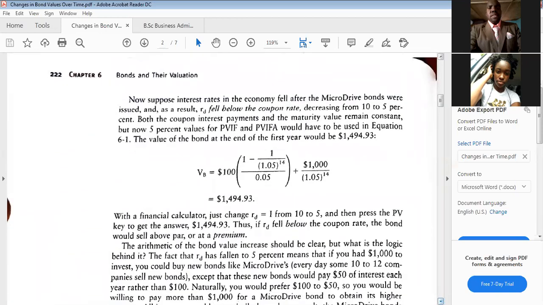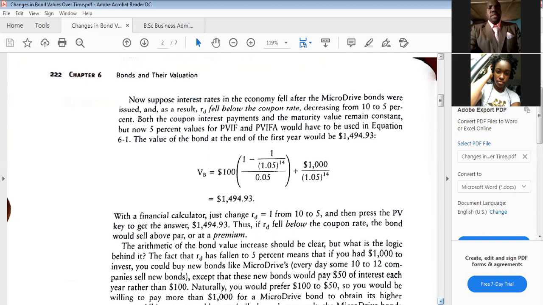Now, suppose interest rates in the economy fell after Microwave's bonds were issued, and as a result rd fell below the coupon rate. Remember, the coupon rate is what? 10%, right? So rd decreased from 10 to 5%. Now, both the coupon interest payments and the maturity value remain constant, which is 10% and $1,000.